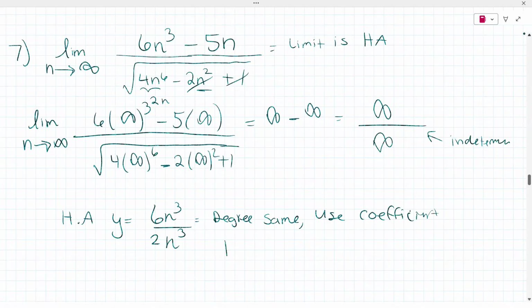So your horizontal asymptote is going to be 6 over 2, which is 3. Okay, number 7. So when you're dealing with rational functions and your x is infinity or negative infinity, your limit is going to be your horizontal asymptote.